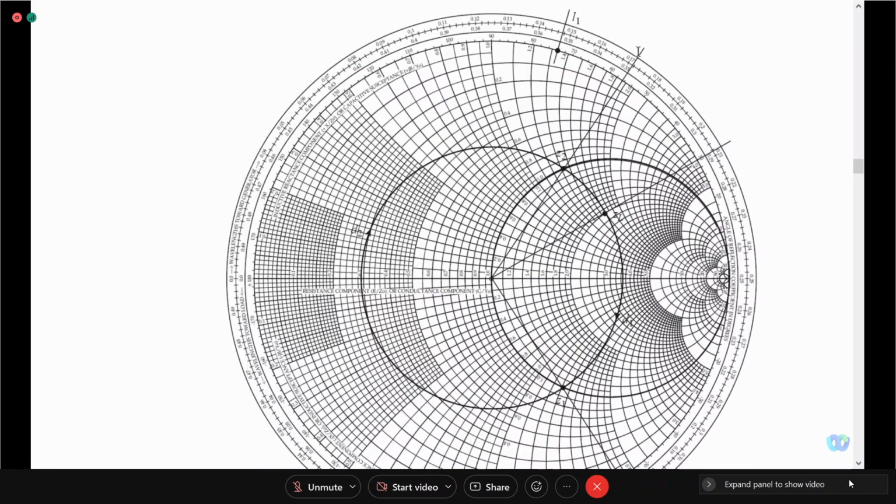It is open circuited. Where is the position of the open circuit? Rightmost side, open circuit.